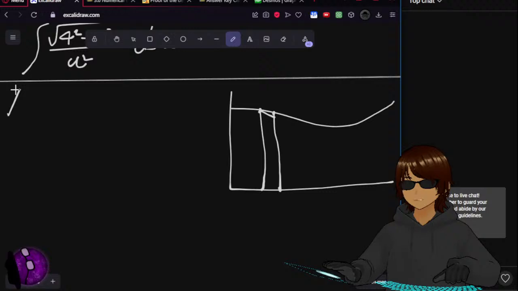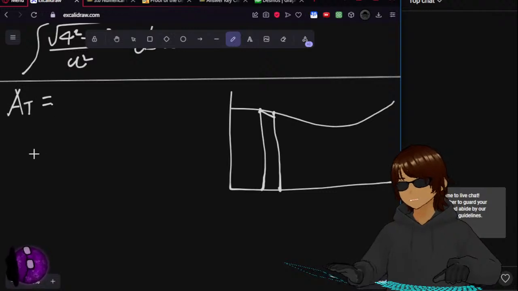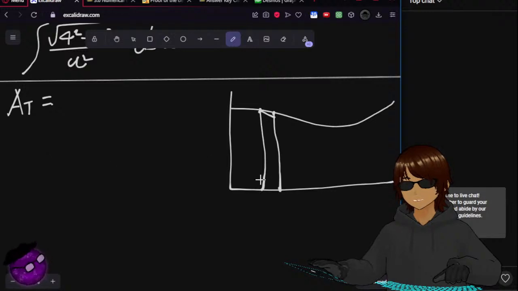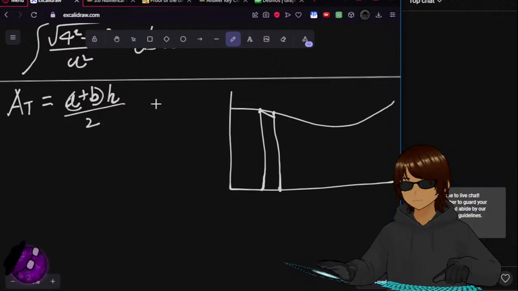So area of a trapezoid is this plus this, a plus b times h over 2.